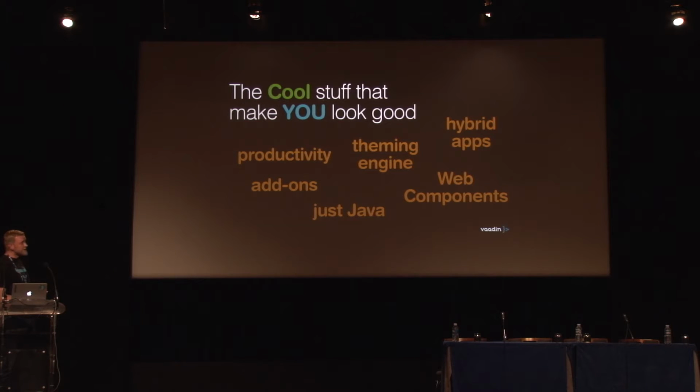And everything is Java. Also the client side. We use Google Web Toolkit on the client side, so I don't have to do JavaScript if I don't want to. A lot of add-ons. Theming engine, I can program my themes, my CSS files as well. And you can do hybrid apps for the mobile world if you need to. And the future is relying on web components, so that stuff is coming as well.